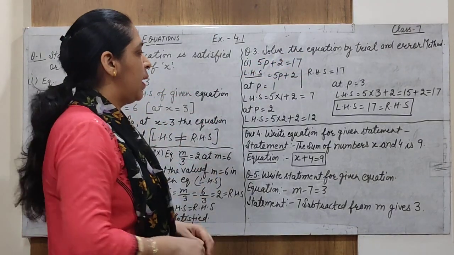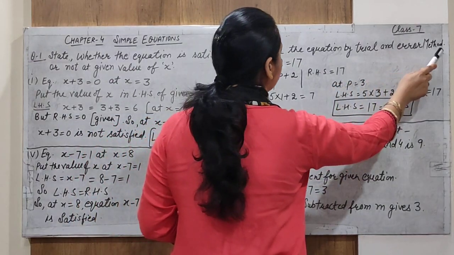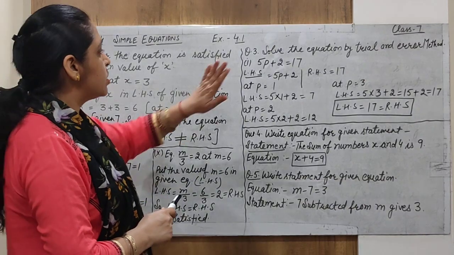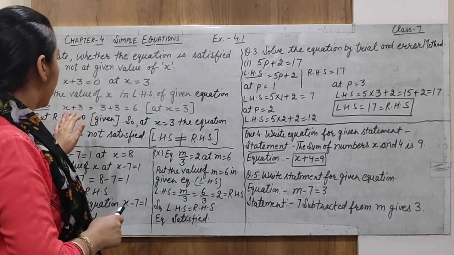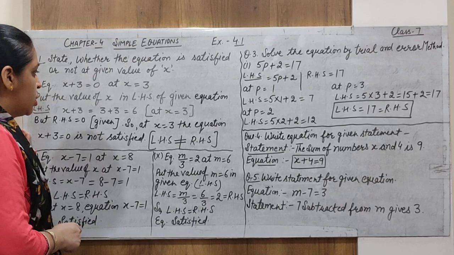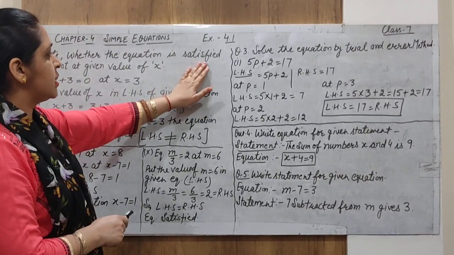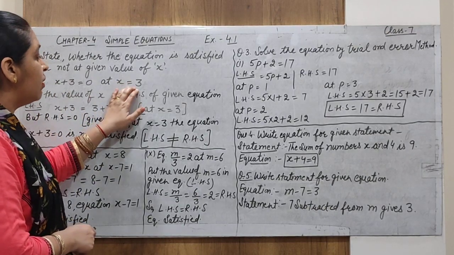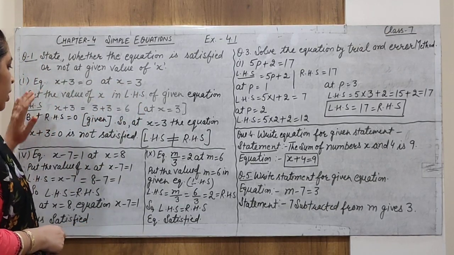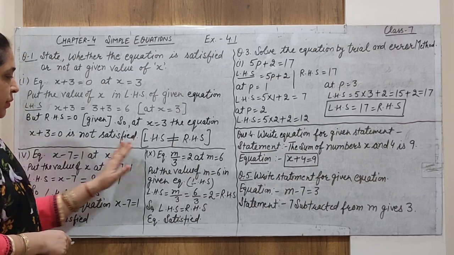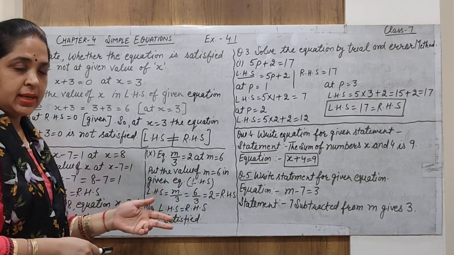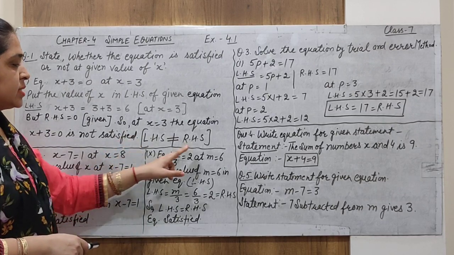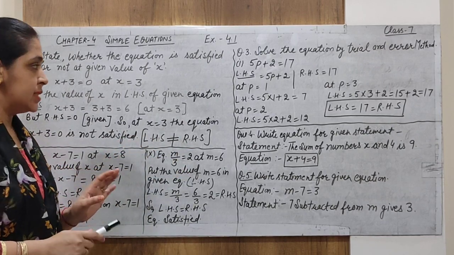Solve the equation by trial and error method. Now, what is the trial and error method? In the methods we solved earlier to find out whether the equation is satisfied or not, we had to put the given value of x and prove that the equation is satisfied if the left hand side is equal to the right hand side, and not satisfied if the left hand side is not equal to the right hand side.